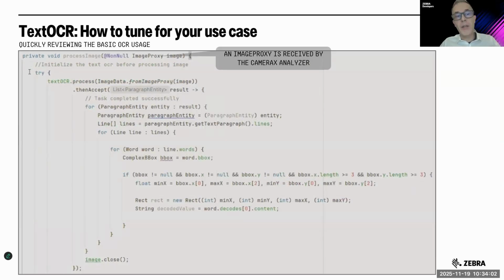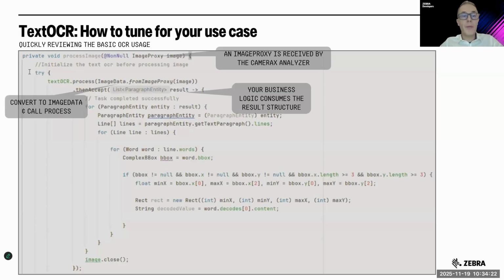If this is done through CameraX, you're receiving an image proxy, but our text OCR process method processes the image data format, so you need to convert the image in that case.